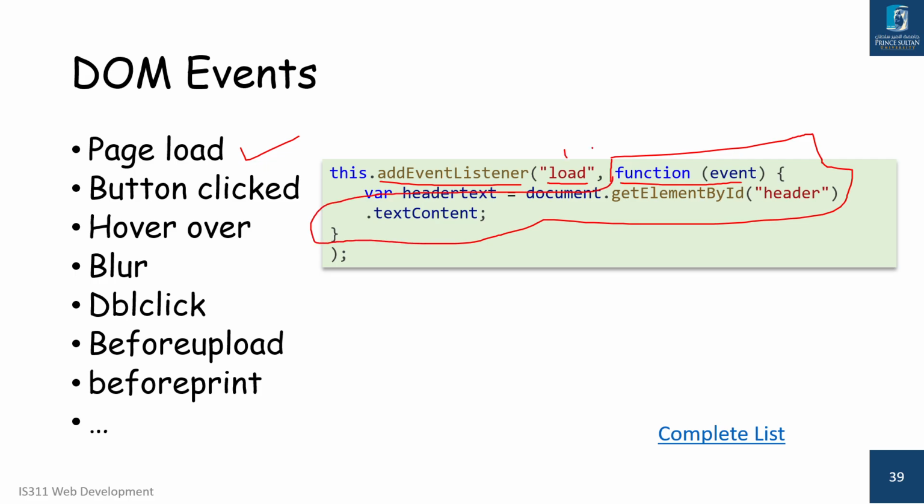Once the loading of the page has been completed, we say that headerText is equal to document.getElementById, because now the page has been loaded. So now we can find this specific header, and we can change the text content. We can get those values which are inside it.